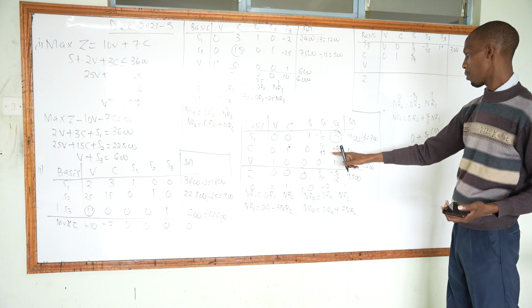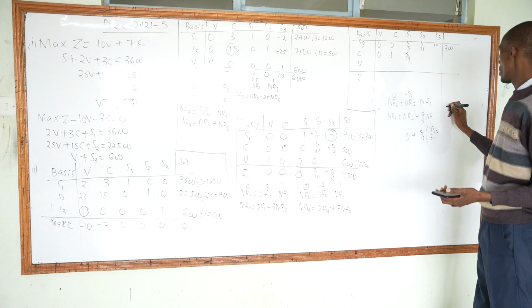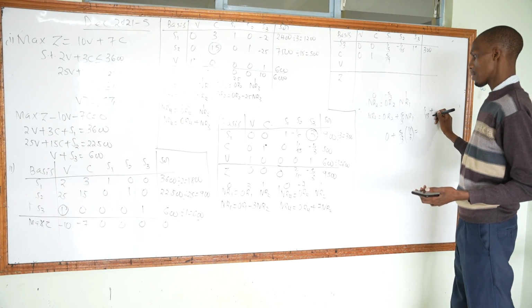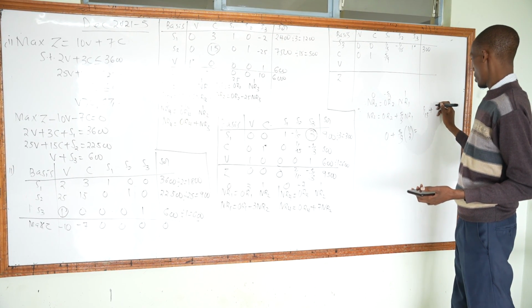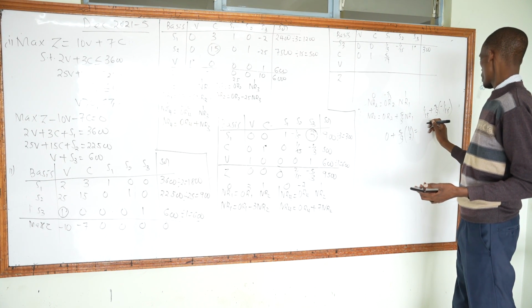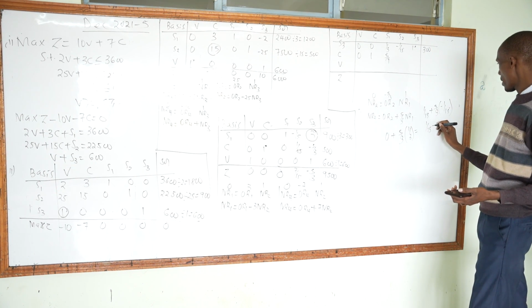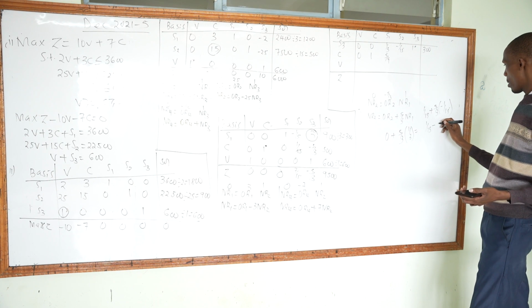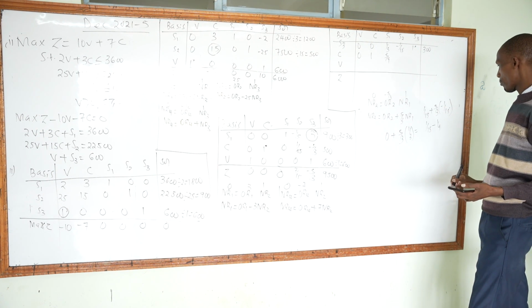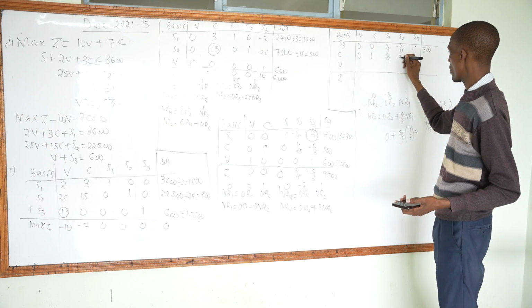And the other one, 1 over 15, plus 5 over 3 in bracket 1 over 15, which is the same as 1 over 15 minus 1 over 9, which is negative 2 over 45.